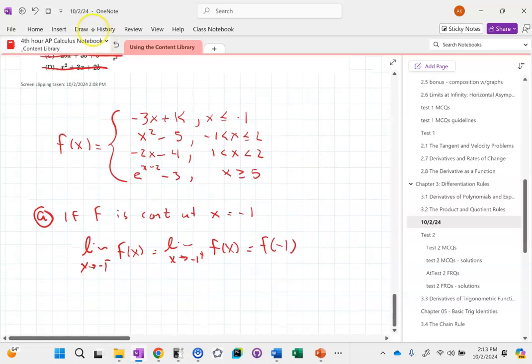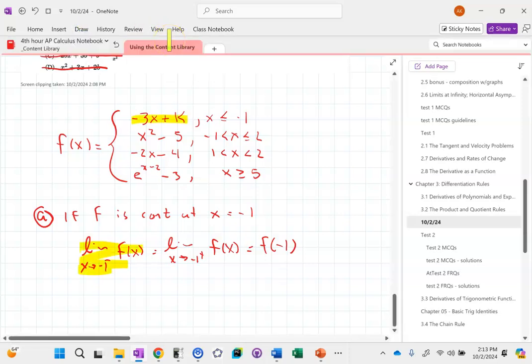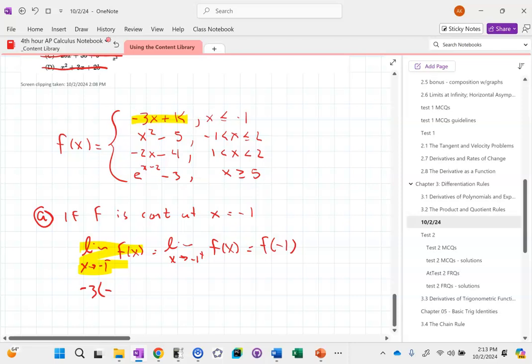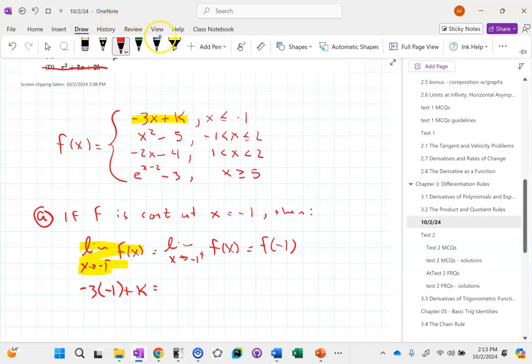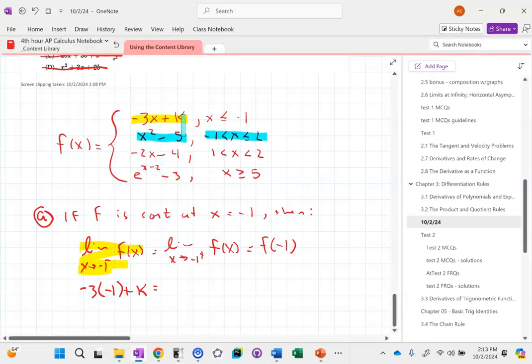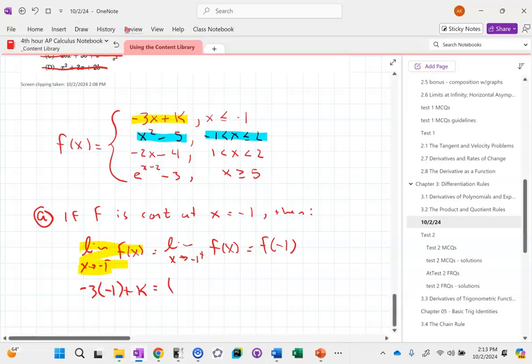So the limit from the left is going to be this. And since that's a continuous function over its domain, I can just do a direct substitution in there. And then the right-hand limit is going to be here. So again, continuous function, so I can just plug -1 in.